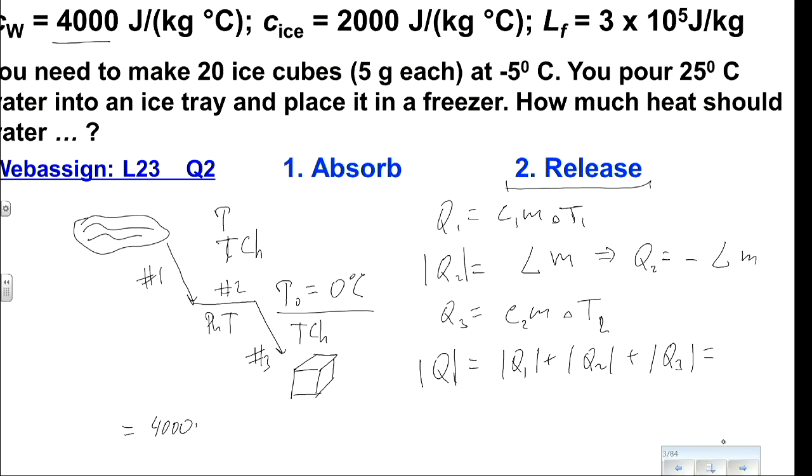Now, we need 20 cubes, 5 grams each, so it's going to be 5 times 20, 100 grams, or 0.1 of a kilogram. And the change, well, it's always final minus initial. So what should I write? And if you write, like some people in the past, final -5 minus initial 25.